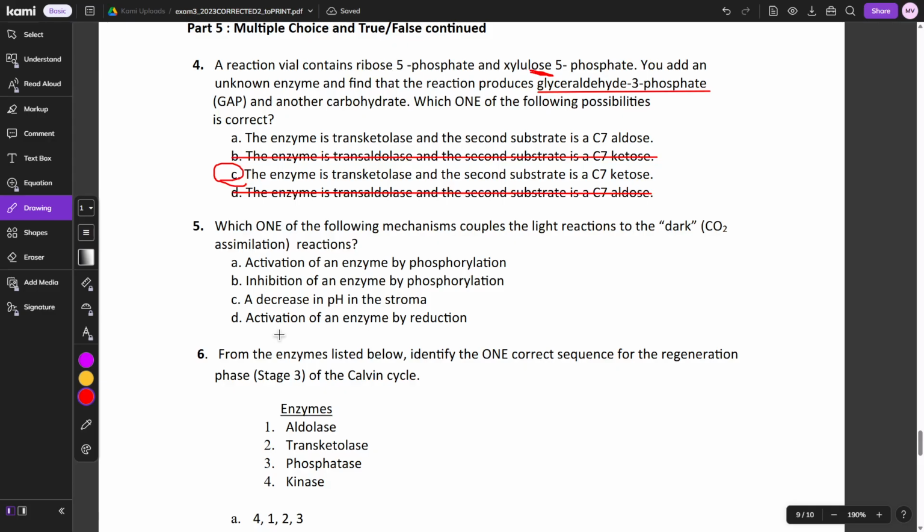I'll try and pull that slide up at the end here, but the answer would be D. The other ones just don't make sense. You could maybe try and argue for the phosphorylation ones, but you guys never talked about any kind of phosphorylation when it came to any of these pathways. Maybe PDH has some phosphorylation with PDH kinase and PDH phosphatase, but there's no phosphorylation stuff with plants, right? That makes sense? Other than ATP synthase.